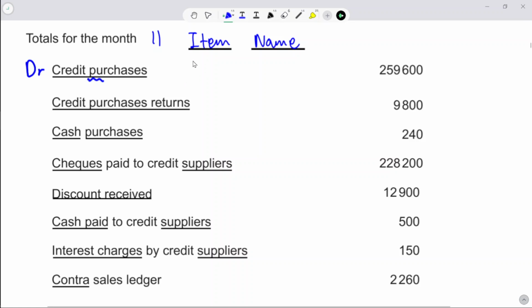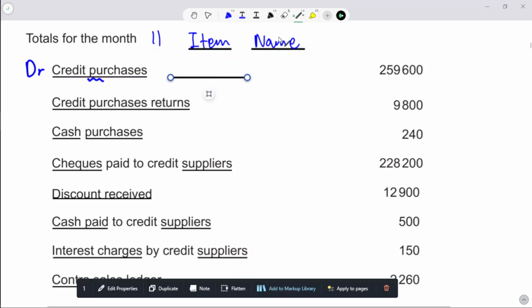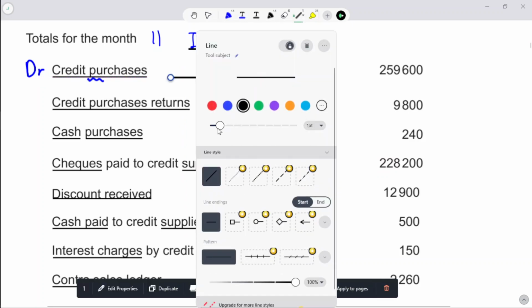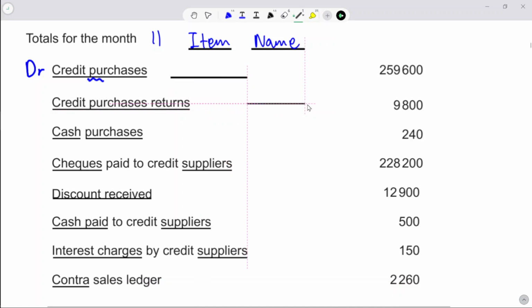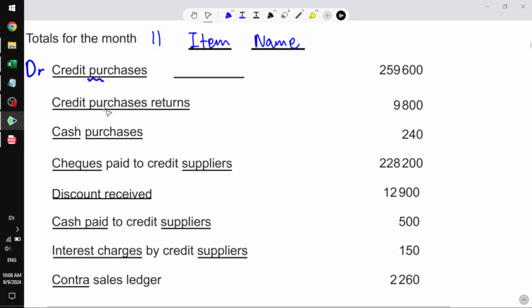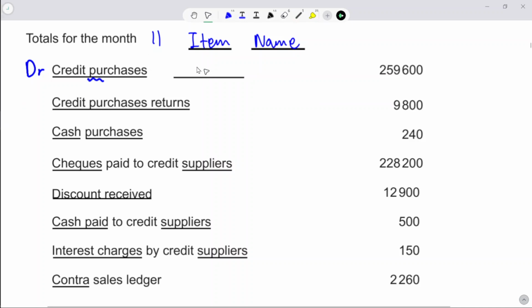But what's the missing line? Okay, here's the thing. You might wonder what's the missing line, right?